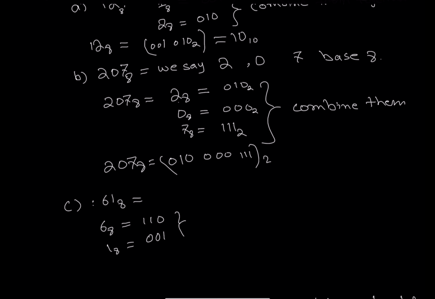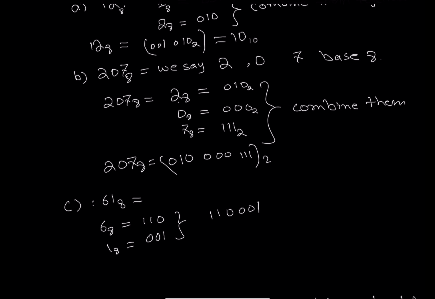Now combine them together, you will get 110001. So that is our number as a binary representation. 61 is equal to 110001.